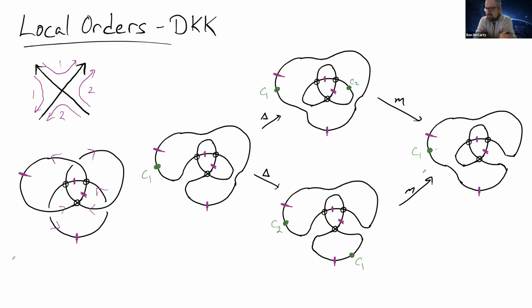Dasbach and Kauffman talk about local orders as a way of getting around this problem. And the local orders basically look like this. If you orient the link, so the arrows that I've drawn here, these purple arrows on the link, this is an actual orientation, not a source-sink orientation. So an actual orientation of the link.